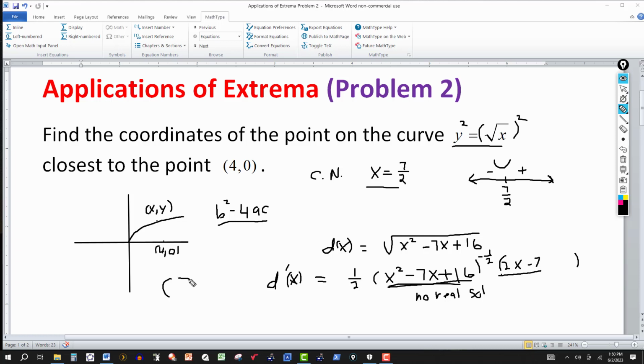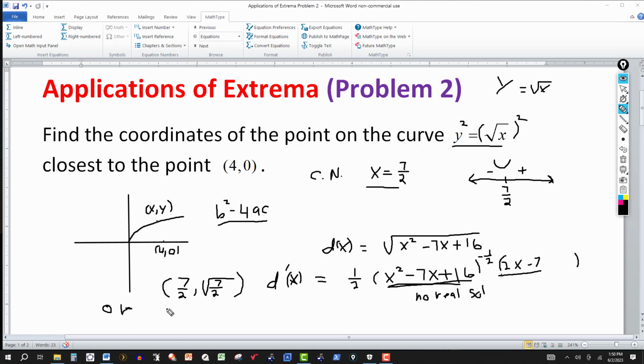So the first coordinate would be 7/2, and then I put 7/2 into the original function, y equal square root of x, and the second coordinate, the y value, would be the square root of 7/2.